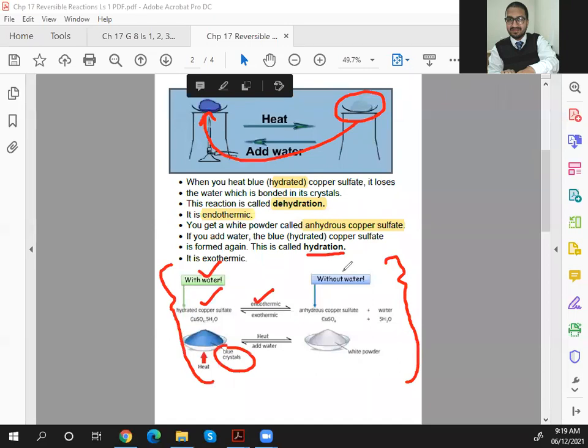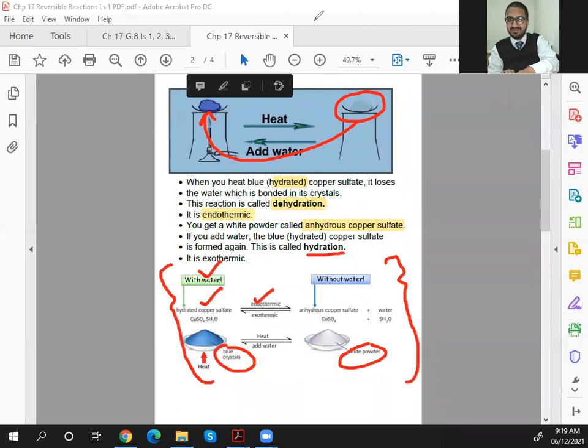Its color fades because water goes away. When you heat something, the water evaporates, and due to heating, water goes out from the reaction. Now you get the white powder, but when you add water again, you get your blue crystals back. I hope everyone understands this.